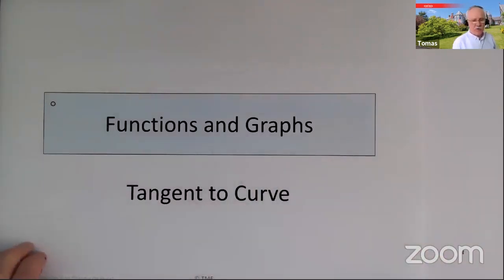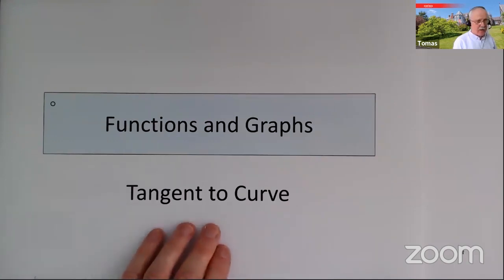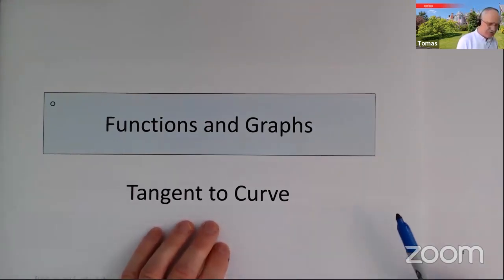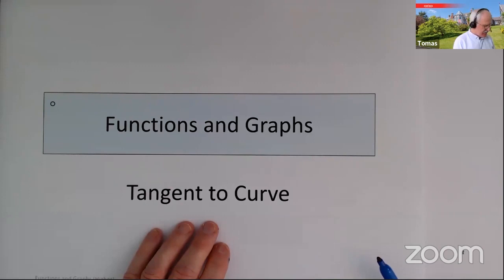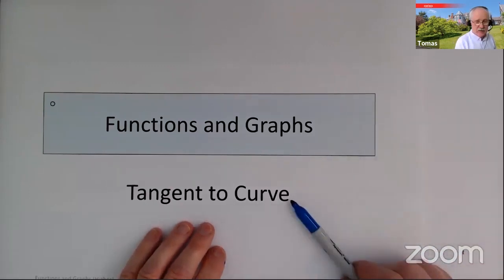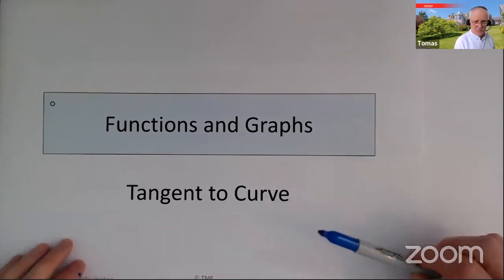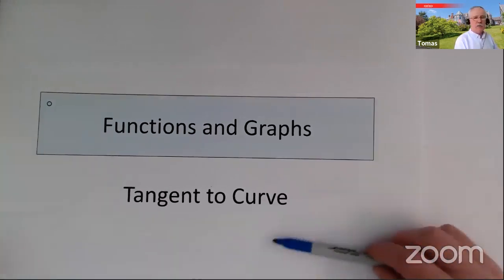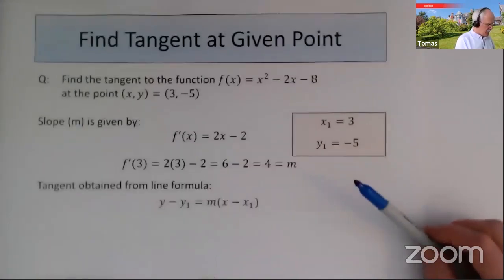So functions and graphs, we're nearly there. We've now found where the slope is 4. We found the point where it's 4, and we're now going to do the tangent to the curve. This is really now jumping into the line question and how you would draw a tangent.